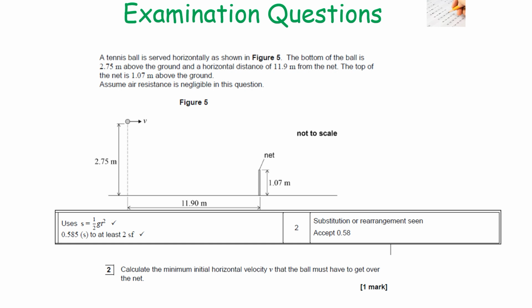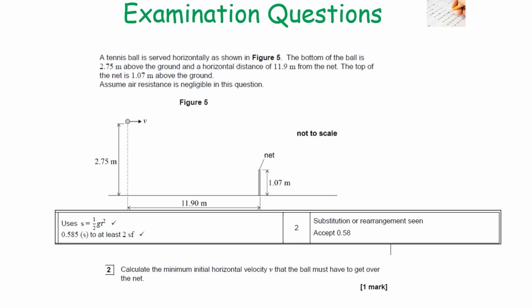Now the next question is, calculate the minimum horizontal velocity the ball must have to get over the net. Well, in the horizontal we know what our displacement is going to be. You can see in the question, 11.90. We know what our time is because you just worked it out to be 0.585.